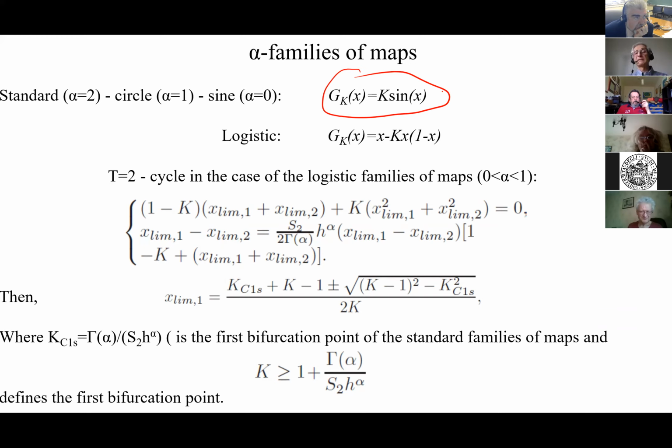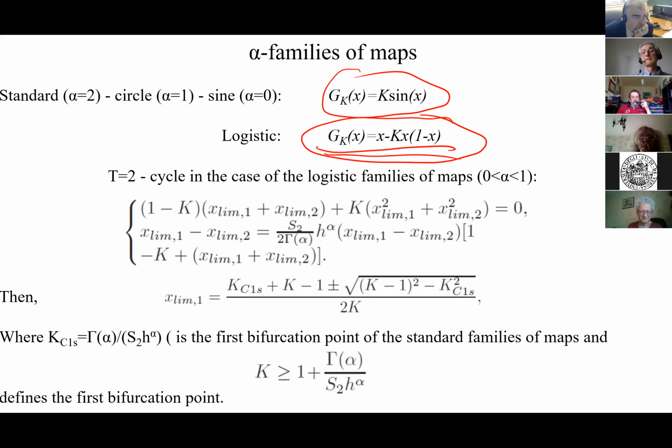For alpha 1, it gives the circle map. For alpha equals 2, it's the standard map. It's one family of maps. And the logistic map, which gives the actual logistic map in the case of alpha equals 1, is defined by this value of function G.